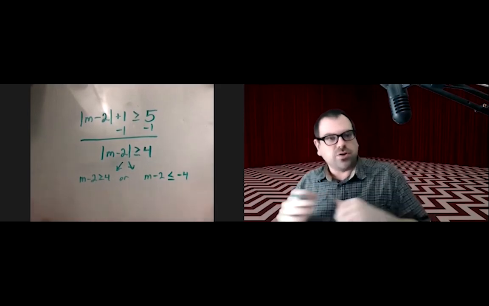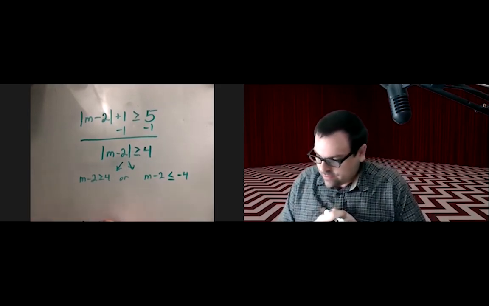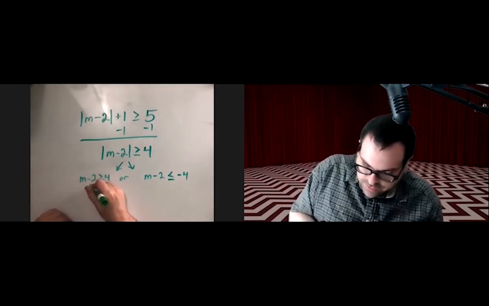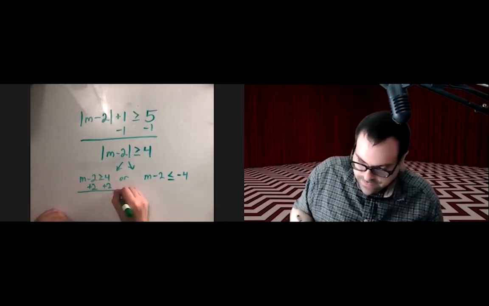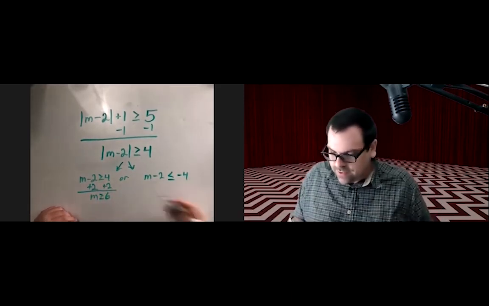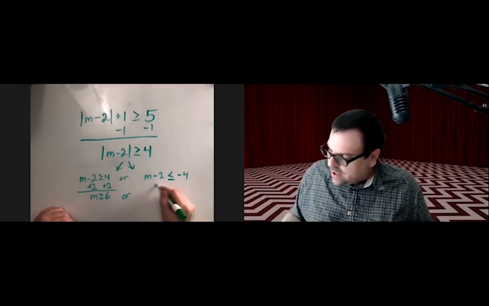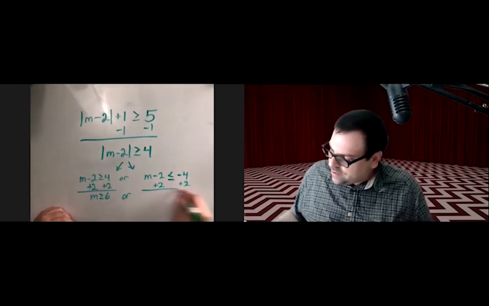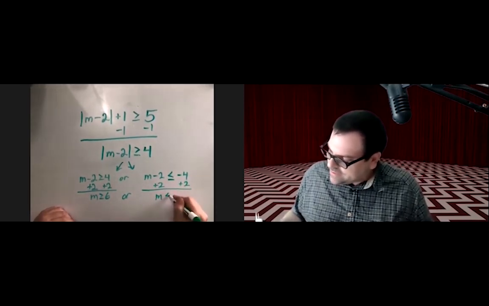And that's how we make sure we get the wings. Add 2 to both sides. M greater than or equal to 6. Or add 2 to both sides. M is less than or equal to negative 2.